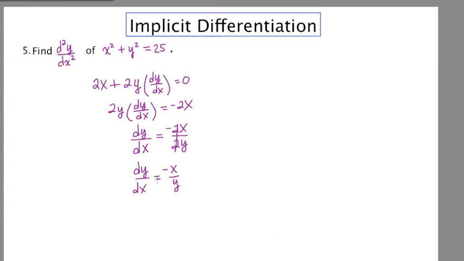So to take the derivative of the derivative, we're actually going to need to use the quotient rule. So let's come up here. I think I'm going to switch colors, and let's do this. We'll do it old school. F prime, G prime.